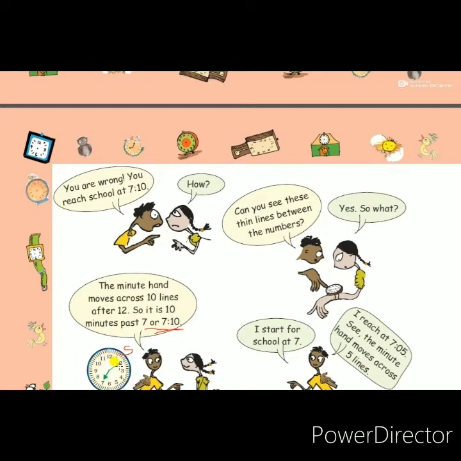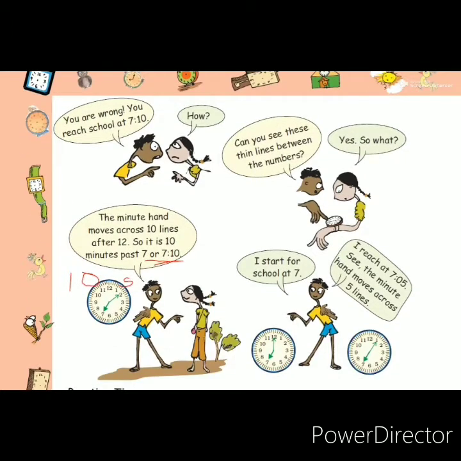That means the minute hand moved from 12 to 1, and 1 to 2. 12 to 1 is 5 minutes, and 1 to 2 is again 5 minutes. That means in total she took 10 minutes. Pamposh explained this to Shasia, and then she understood how much time she had taken to reach the school.